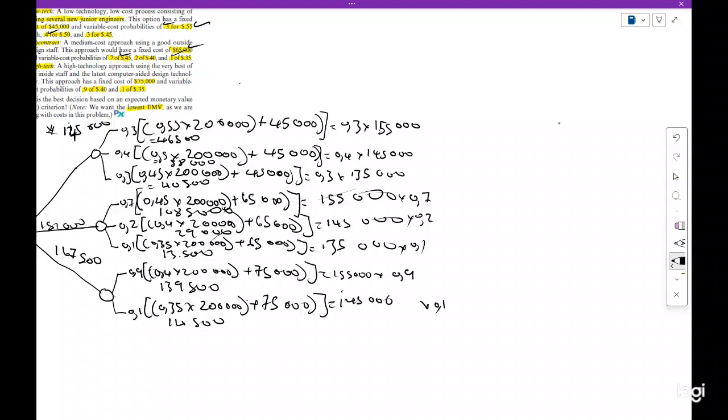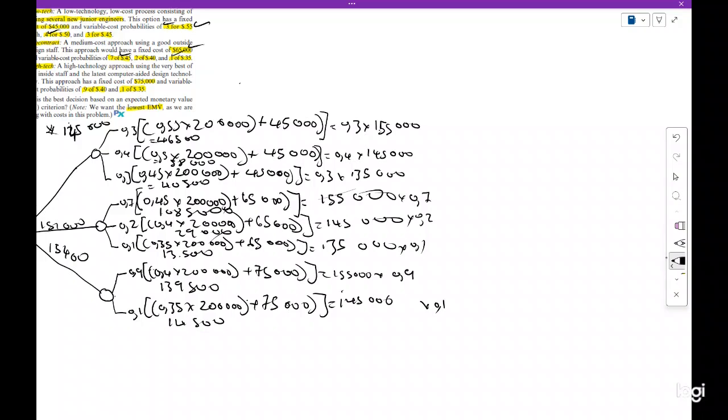So where did I go wrong? 155 multiplied by 0.9. There, we have 139,500. And obviously it's 145 multiplied by that. So now my answer plus 14,500 should be 154. What's wrong now? 154.